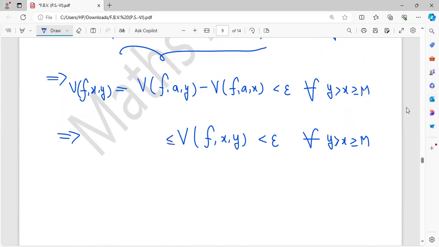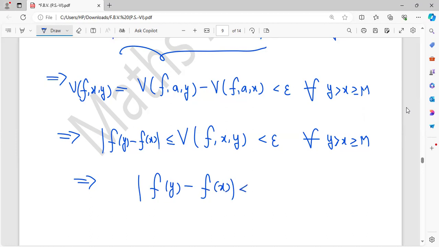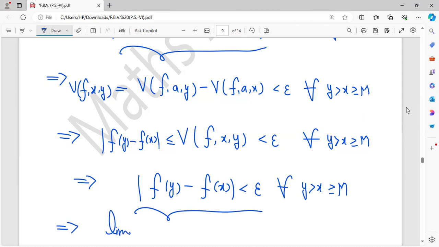But this is always greater than f(y) minus f(x), because we are taking the interval [x, y]. So this implies f(y) minus f(x) is less than epsilon for all y greater than x. So what does it mean? It means the limit as x tends to infinity of f(x) exists.